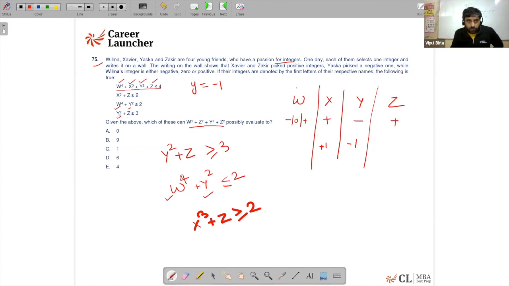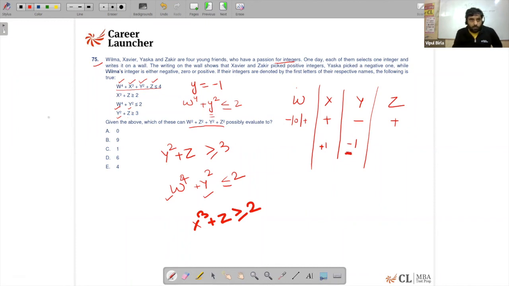Now, if y is minus 1 and x is plus 1, w to the power 4 plus y square is less than equal to 2. So eventually I can say that also says y has to be minus 1 only, because if y is minus 2, again I end up getting this. So again, y is going to be minus 1 is something which I got to know from here.